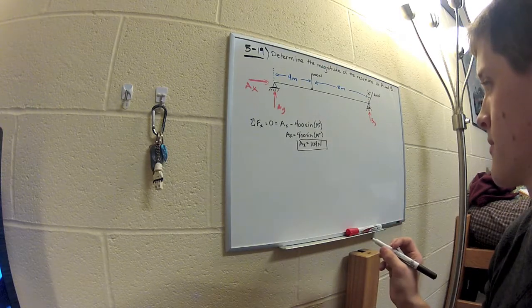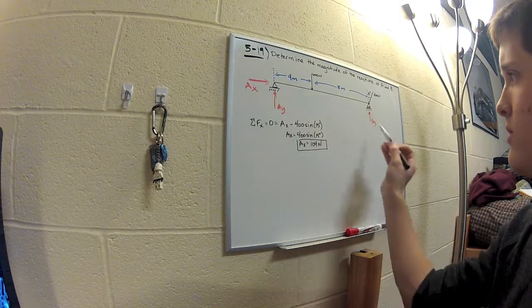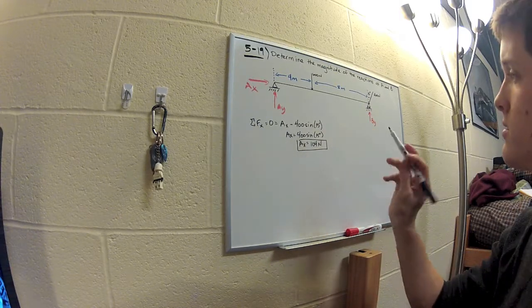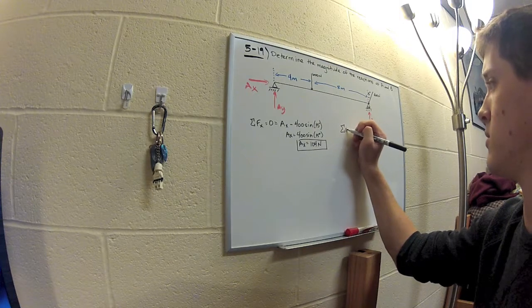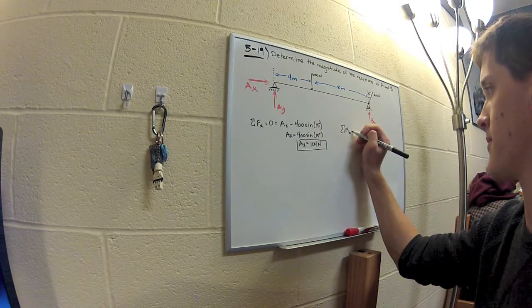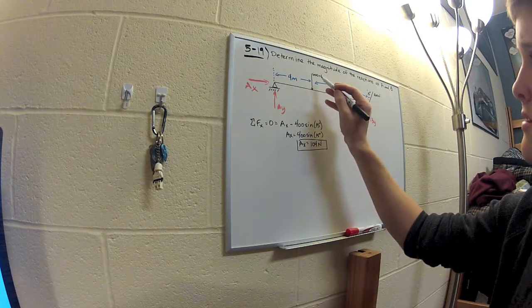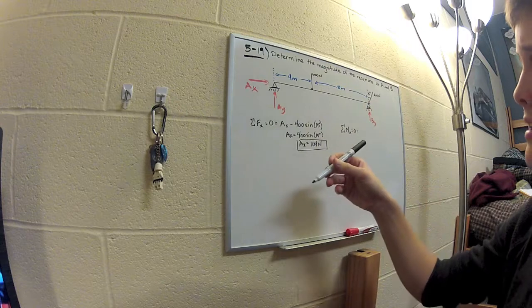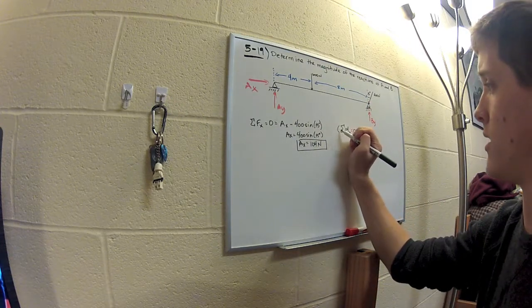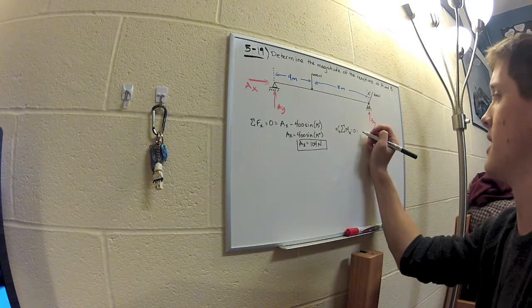Okay. So now why don't we do the sum of the moments so that we can cancel out one of these unknown y components. I think that would be the next best move. So we'll do the sum of the moments about A equals 0. Our first one is 600 newtons, 4 meters in, and clockwise. So I'm going to define this as the positive direction, so that's going to be negative.